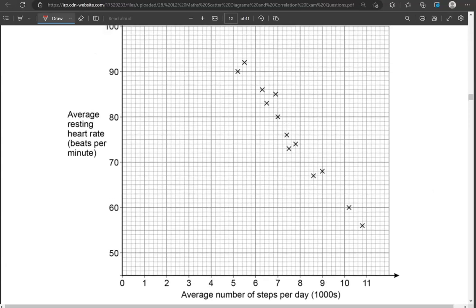So 3,600, that would be about here, because we've got these in thousands, and 96 was the heart rate, so this is 96. So where do these two meet? So we'll put a cross here.